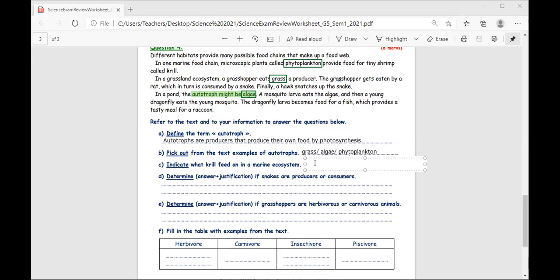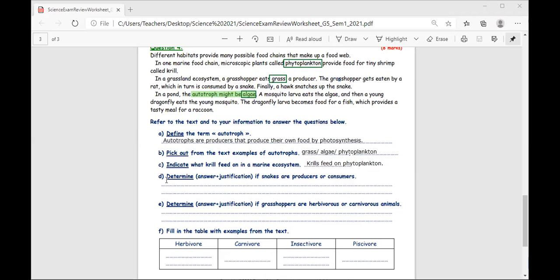Excellent. So krill feed on phytoplankton, which are small plants, very tiny plants.